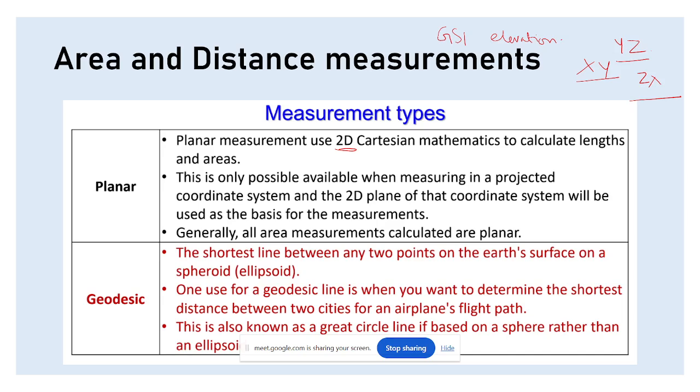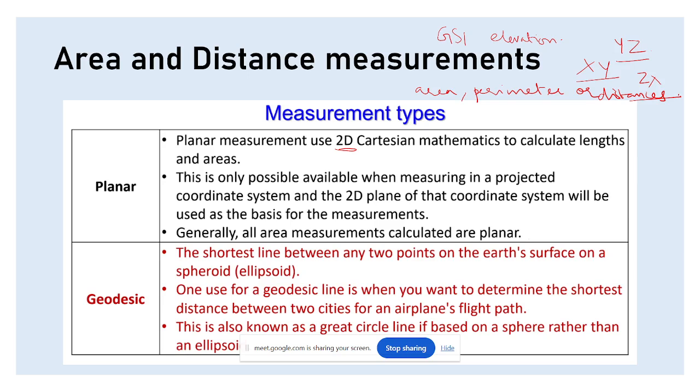So topo sheets contain such information, especially regarding the topography of that area. On the survey topo sheets or any other map in a 2D system, we can calculate the area, even the perimeter or distances, very easily.